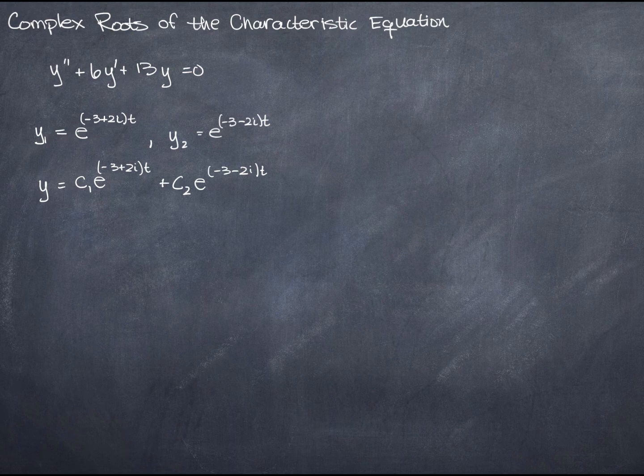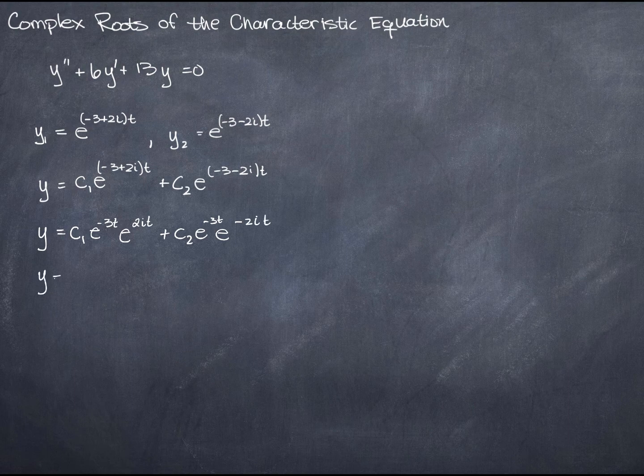So one thing we could do with this is simply to change the form that our general solution is in. We have C1 e to the -3t, as I explained on the previous screen, e to the 2it plus C2 e to the -3t, I keep leaving that t off, e to the -2it.